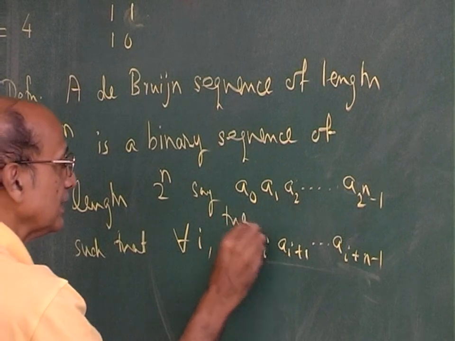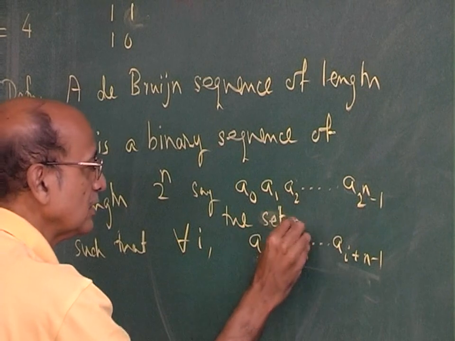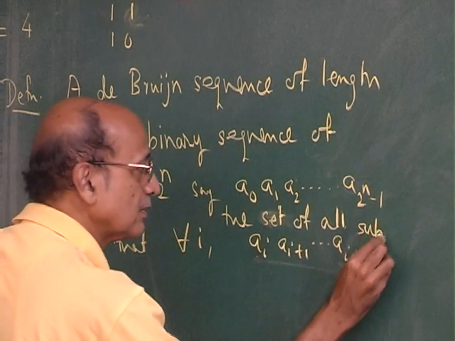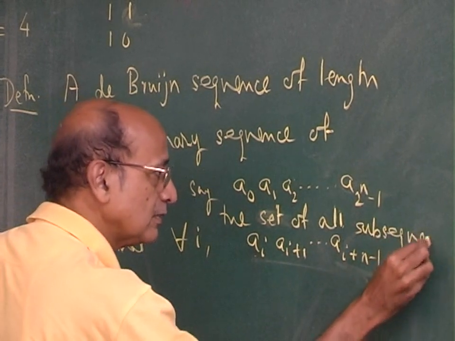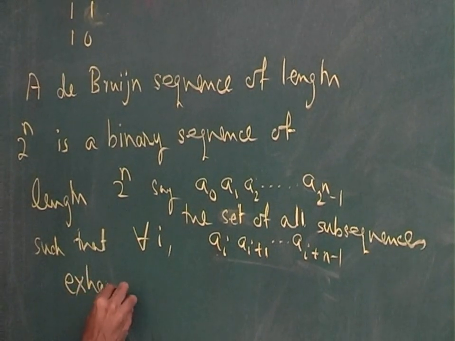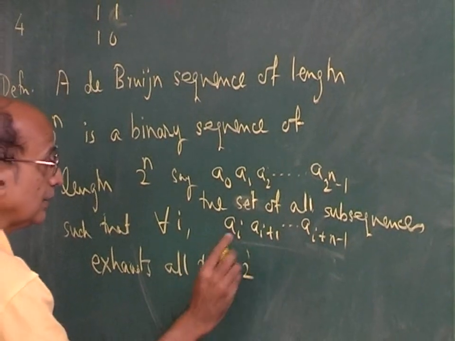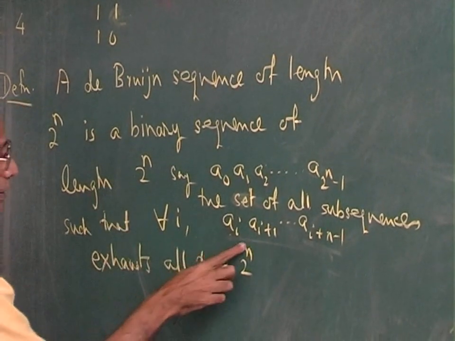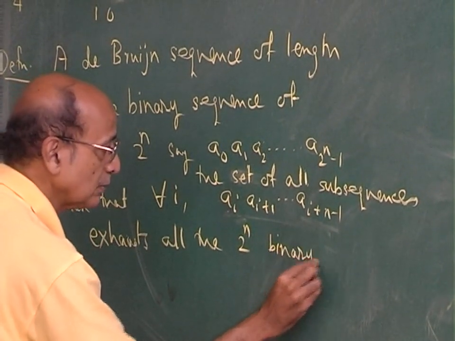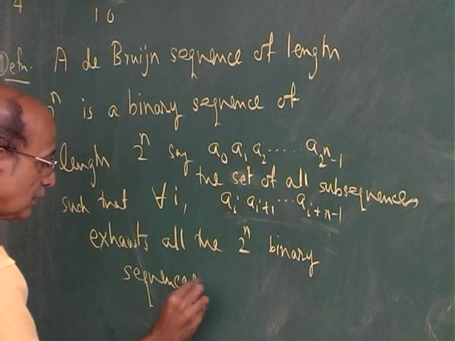The set of all subsequences exhausts all the 2 power n binary sequences of length n.